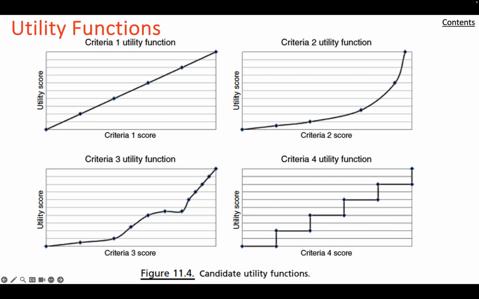A refinement of what I just spoke about is to develop a utility function for each criteria, which relates its measurable performance to a number between 0 and 1. Each criteria is measured just as in the previous discussion, but instead of allocating a subjective value, a utility function is used to map each measurement to a value between 0 and 1.